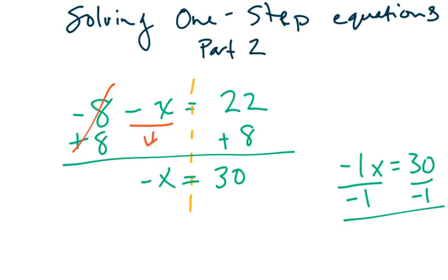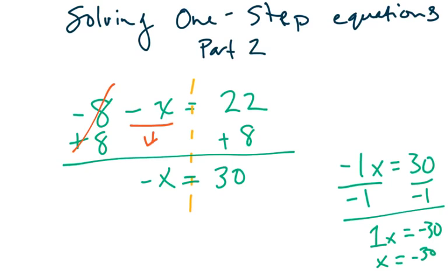Because when I do negative 1 divided by negative 1, I end up getting positive 1x. And then positive 30 divided by negative 1 is negative 30. Okay? But I remember that I don't write 1x, I just write x equals negative 30. Okay?